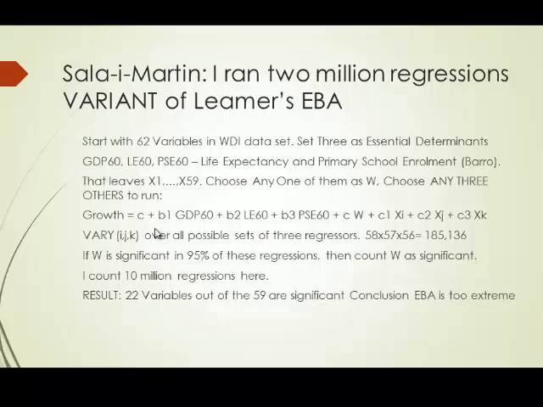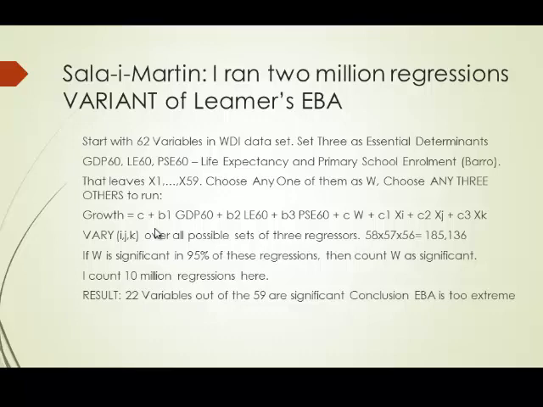I think it's 60 means it's real, I mean, 1960 is the base year. Life expectancy and primary school enrollment. So one is human capital and the other is health.